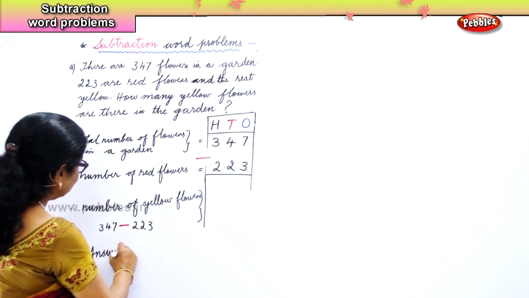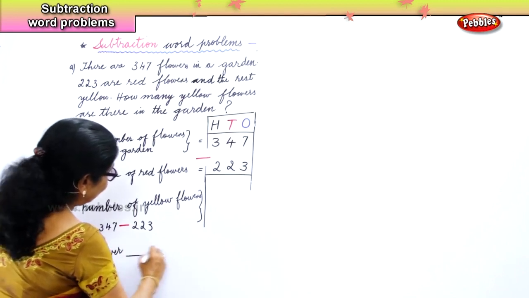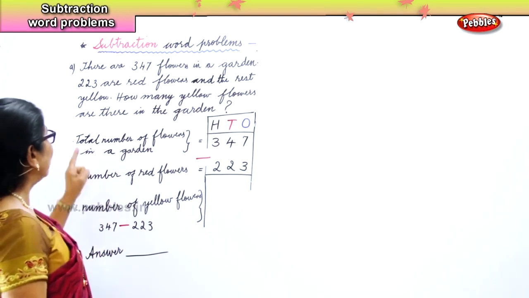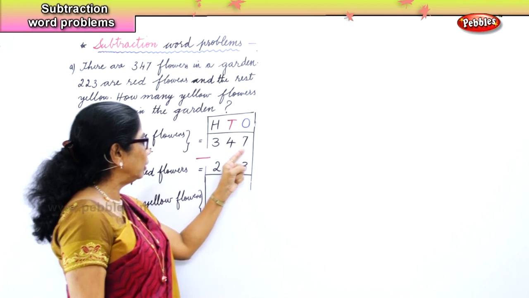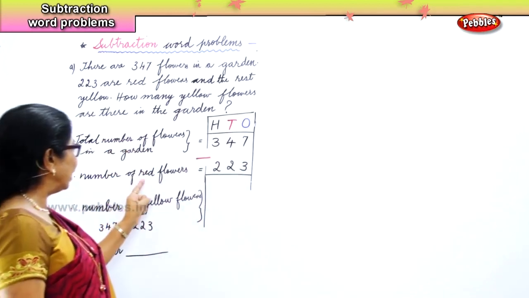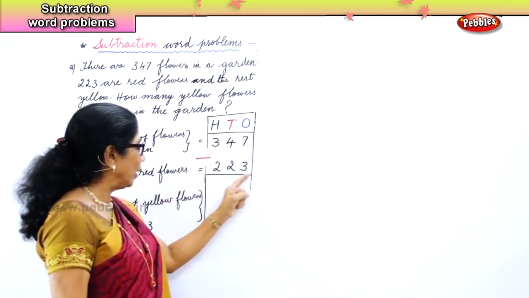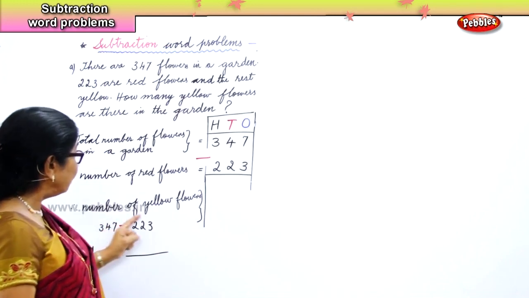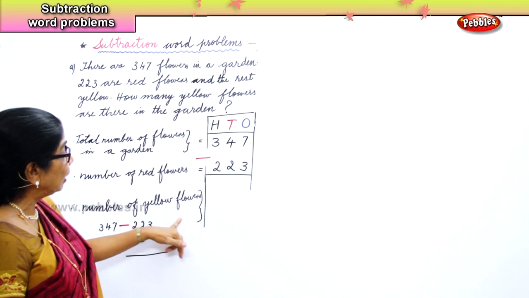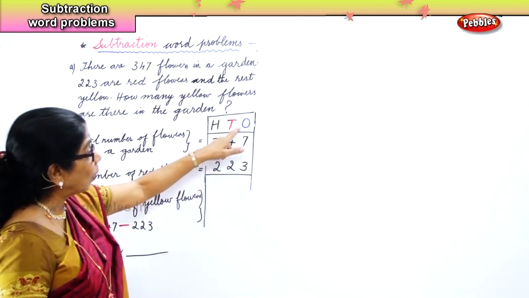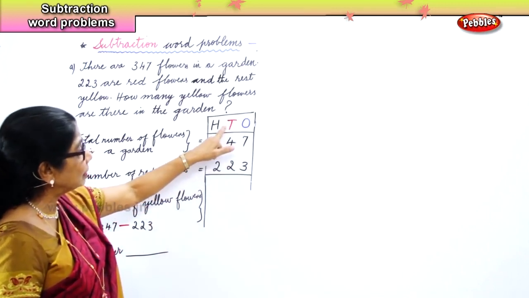Your answer is how many yellow flowers? Total number of flowers in a garden, 347. Number of red flowers, 223. Therefore, number of yellow flowers. Now, we are going to find out. Ones, tens, hundreds.